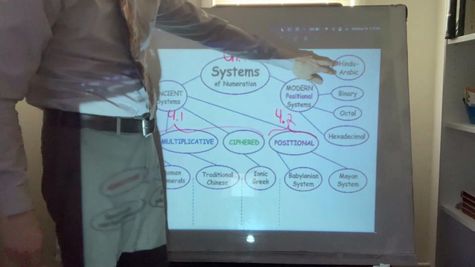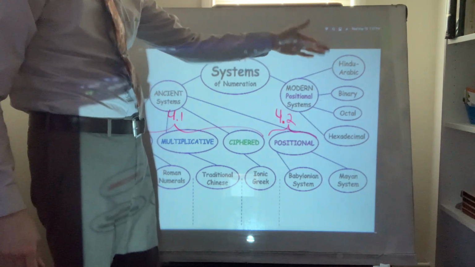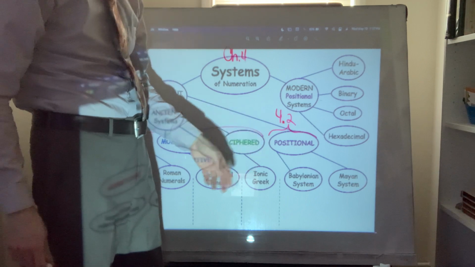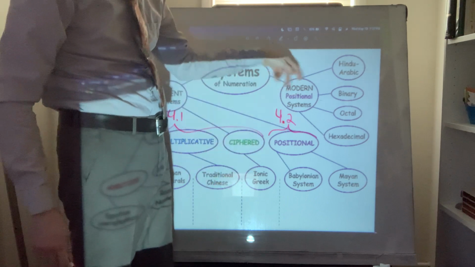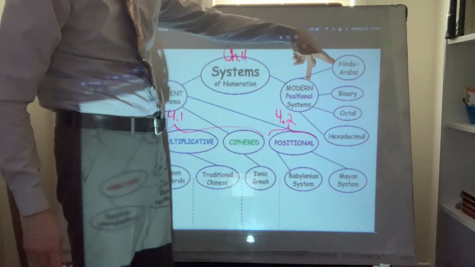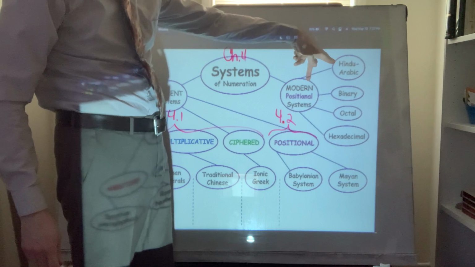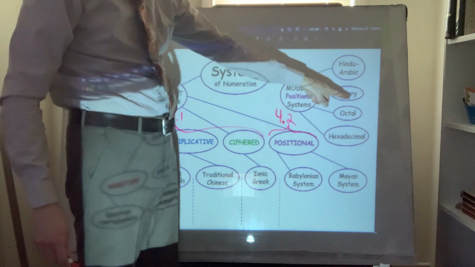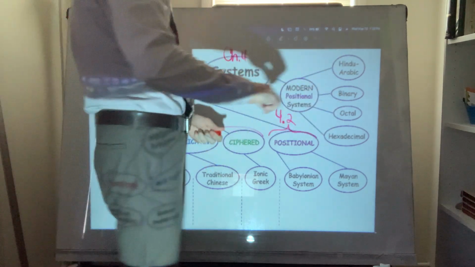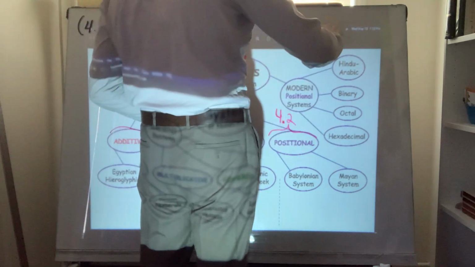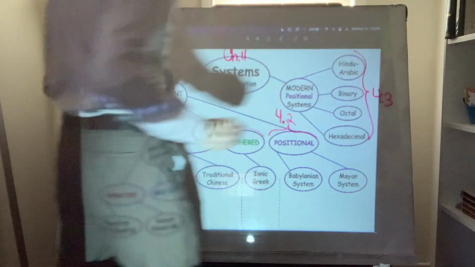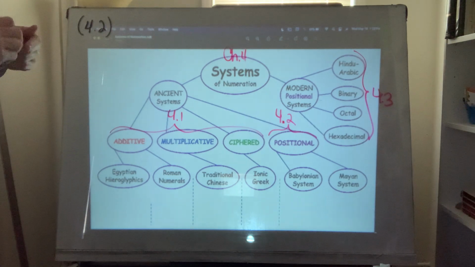The Hindu-Arabic system, which we use, is past the point of recorded history being 0. So I thought I should more accurately classify this as modern. It is still a positional system, right? And the subsequent topics that we get into, all of this stuff is 4.3, so that would be tomorrow's topics.